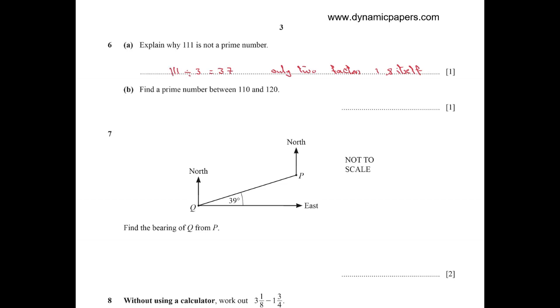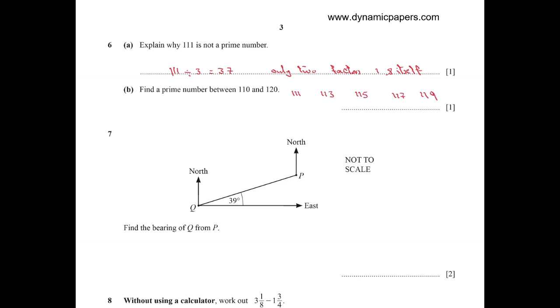Question 6b. Find the prime number between 110 and 120. For the prime numbers between 110 and 120, we have to pick the odd numbers. The even numbers will never be prime numbers because they are divisible by 2. 111, 113, 115, 117, 119.